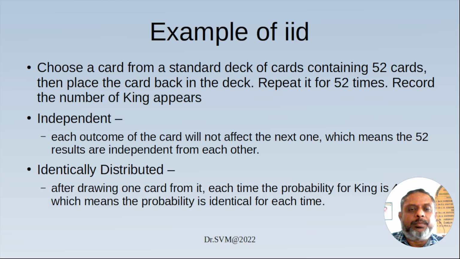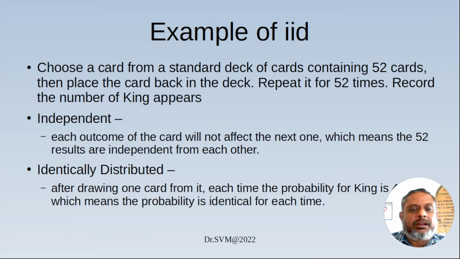Instead, if you don't place it back, then the first time you are drawing from 52 cards and that card is set apart, and then you try the second round. Now in the second round there are only 51 cards. Therefore, things are not independent. They are dependent on what happened earlier. If the card that had gone earlier was a king, then the next time you are left with only 3 kings.